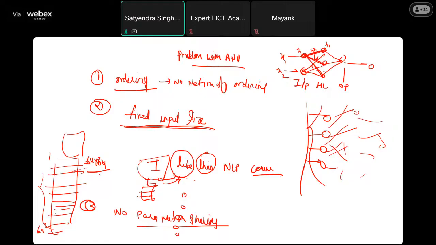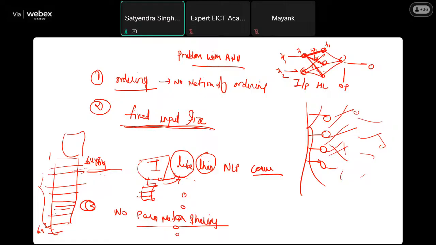Nowadays even a single image on your mobile has size 1024 by 1024, though that is quite small. So a basic NN cannot be used for image-related or sequence-related tasks.